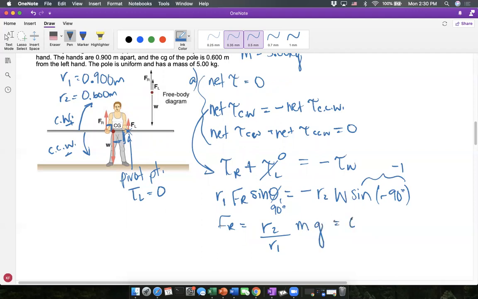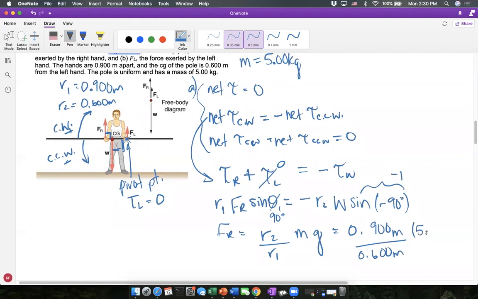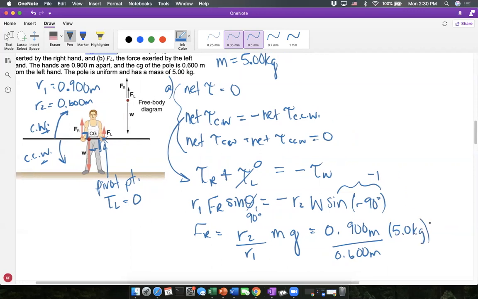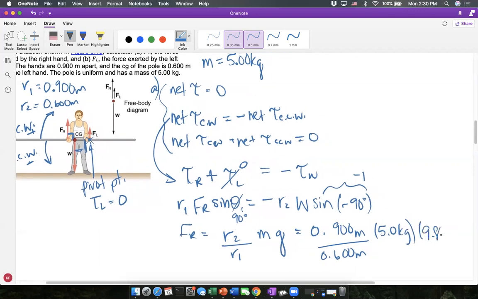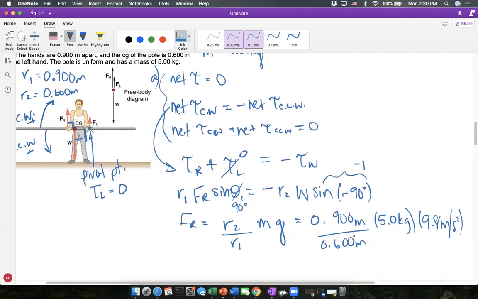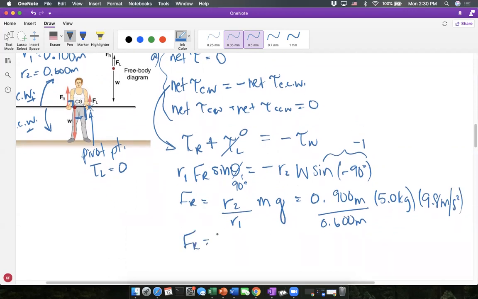So 0.9 over 0.6 times our mass, which is 5 kilograms, times acceleration due to gravity, and that should be 73.5 newtons.